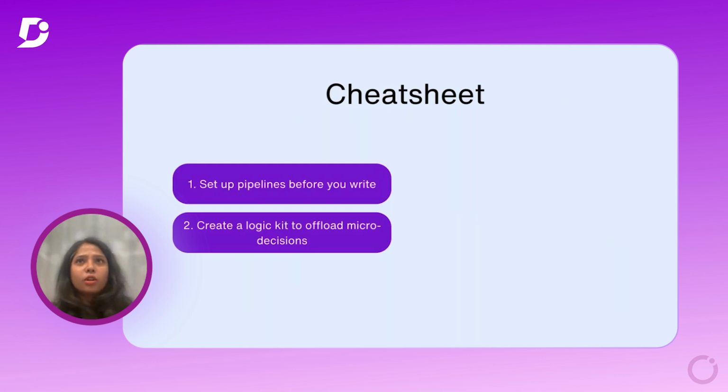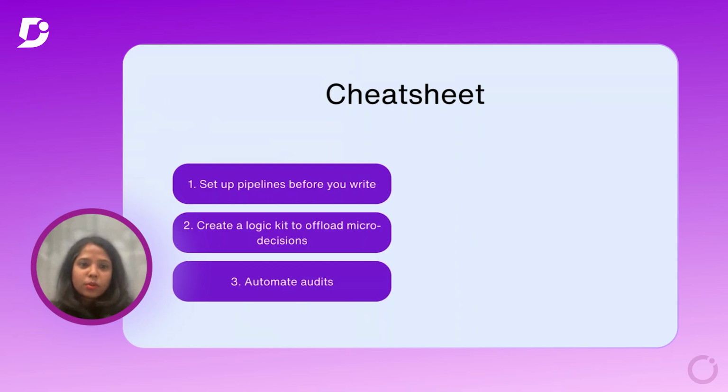And try to automate as much as possible using style guides, templates, terminology guidelines, everything. I think we as technical writers and content designers follow style guides a lot, and that's our huge advantage. So use these logic kits to offload as many micro decisions as possible.